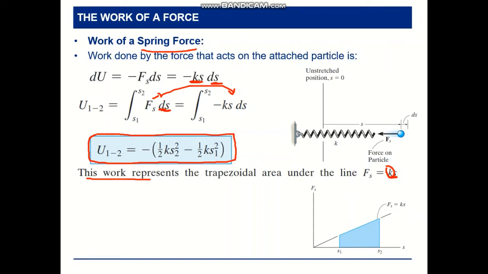But right now we are talking about linear systems. So it's going to be linearly increasing, so it's going to be a trapezoidal area. We can calculate it without this formulation, just take the area under this curve from s1 to s2, and then we have our energy term. But more scientifically, we need to use this form.